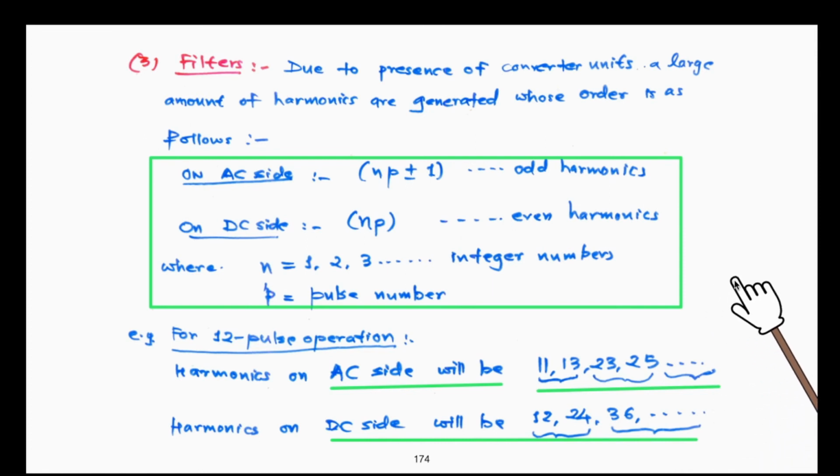So very important, filters are required for stable operation of the converter, because harmonics will be present. These are called characteristic harmonics. They will always be present in an AC to DC converter or DC to AC converter, and they have to be taken care of with filters.